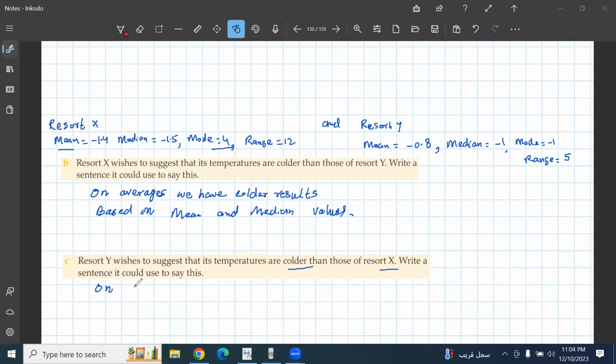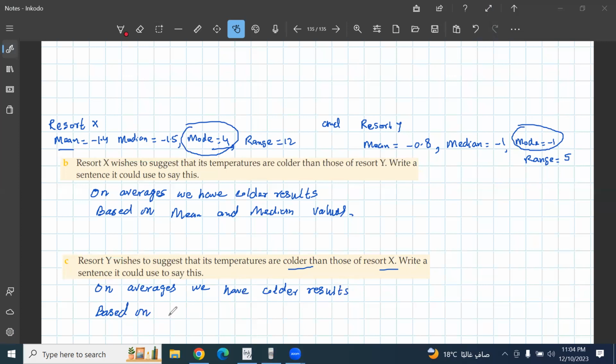So here you can say that on averages we have colder results based on mode. As you can see, the mode value is negative 1, and here the mode value is 4. So negative 1 is colder. So based on mode and range values.